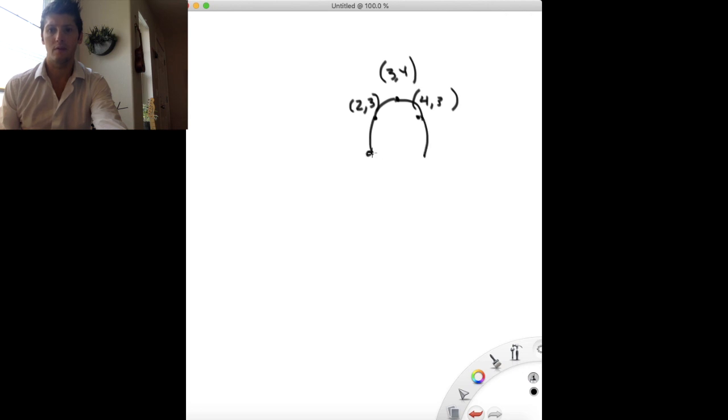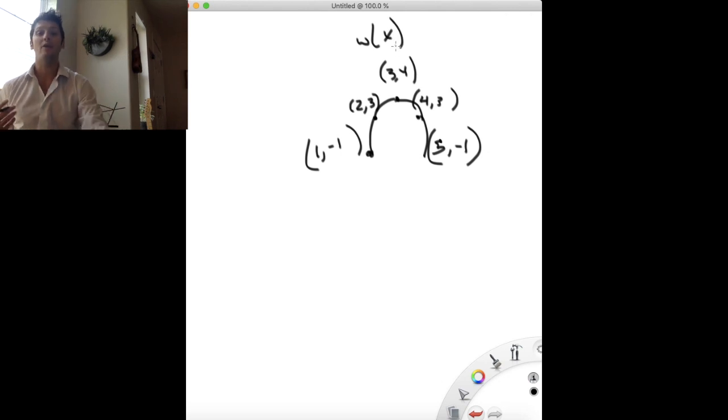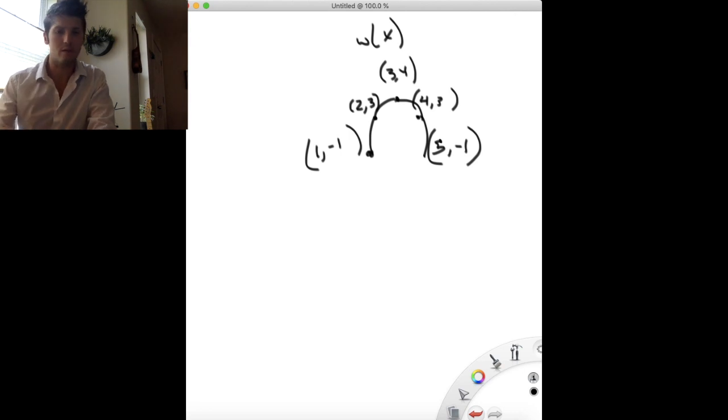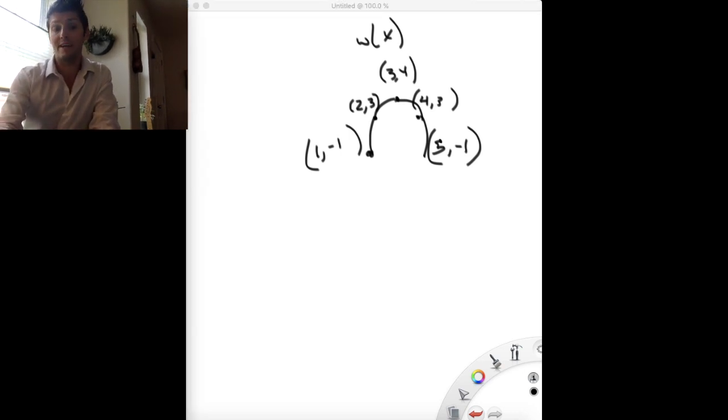So I'm drawing this poorly, but then you have 1, -1, and 5, -1. So I'm seeing that symmetry, which lets me know that W of x is a parabola, which doesn't matter. The only reason I brought it up is because when you have not a line, you can't say, oh, go bigger or smaller, if one of these is wrong, go to the other one. You wouldn't know that, but you could just try out answers. So I think that's really the best way to do number 8.